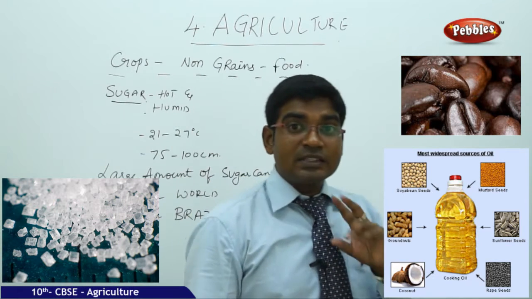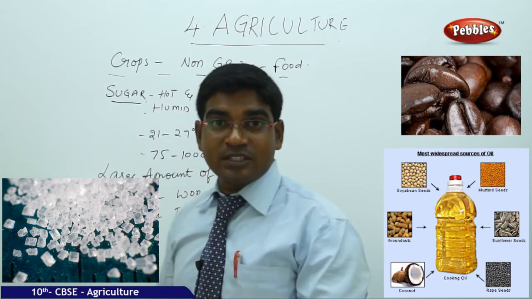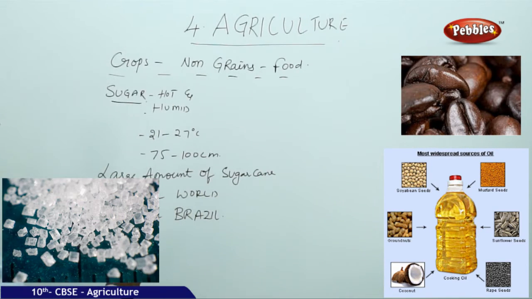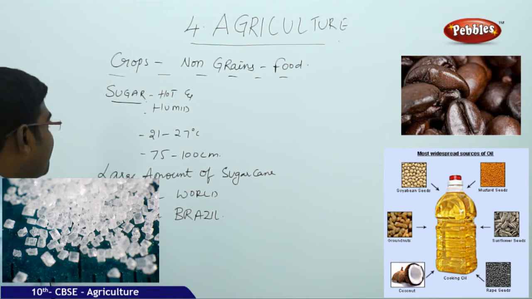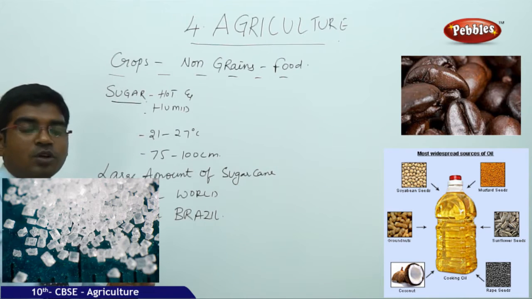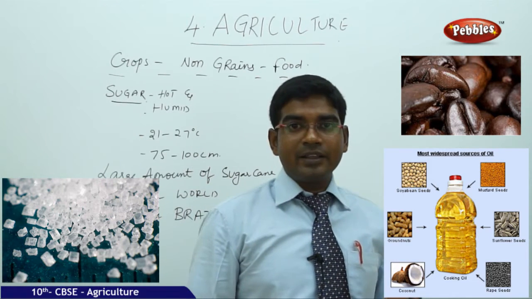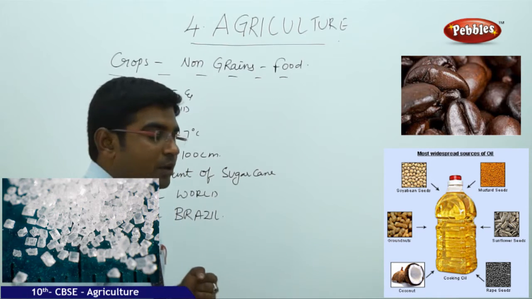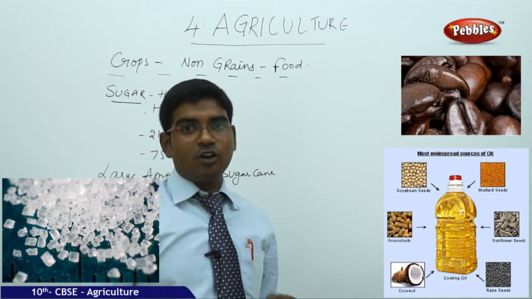India stands in second place in the production of sugarcane, with significant technological development and advancement of the country. It is also a significant contributor because we are exporting a large amount of sugarcane to other countries by manufacturing sugar from it. So there is a good contribution to the economy of India also.